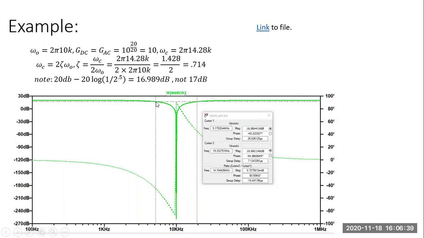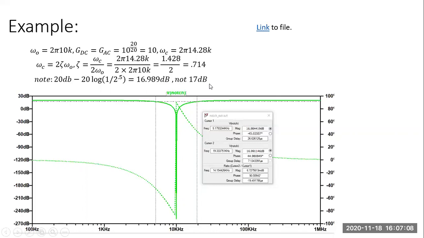So if I measure from 16.989 to 16.989, then actually I'll get 0.707. But really, there is no way you're doing that by eye, right? But what you can see is that the wider this is, right, the larger the damping ratio will be, right?